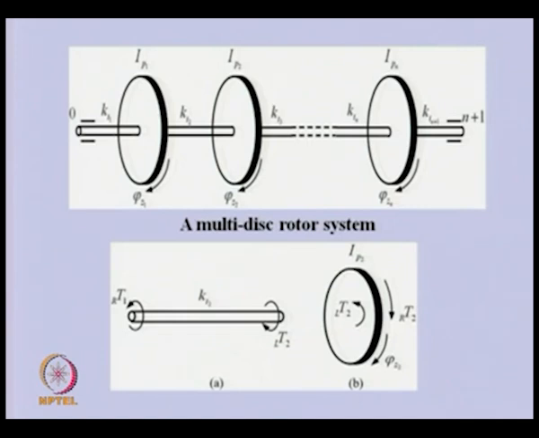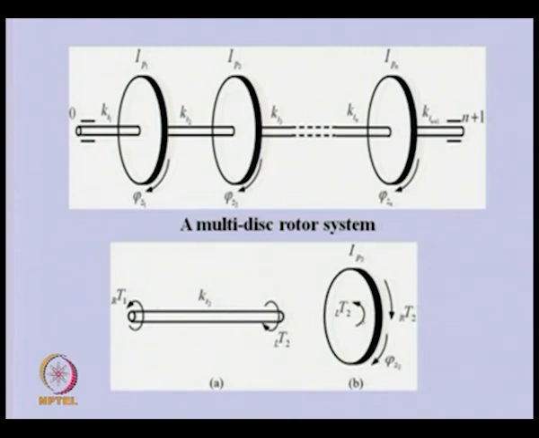At one particular station we will have two field variables: one is the angular displacement of the disc and the other is the associated torque. We will try to relate these two field variables from one end of the shaft to the other end using the free body diagram.